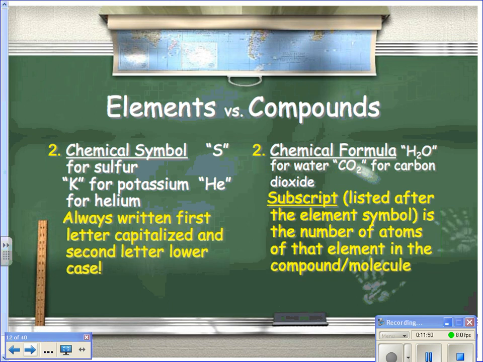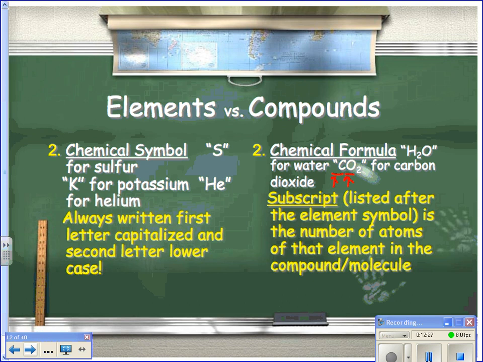we also include a subscript. A subscript listed after the element symbol is the number of atoms of that element found in that compound or molecule. So there's the H2O for water, and then CO2 for carbon dioxide. Now note that we have a capital C and a capital O. That tells us that we have 1 atom of carbon bonded to 2 atoms of oxygen.